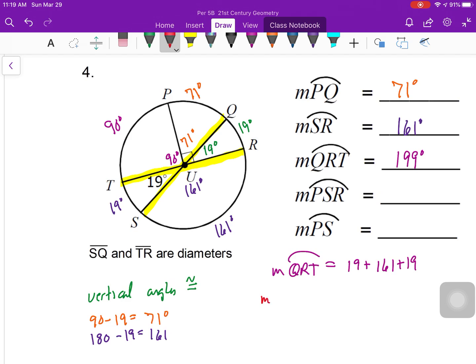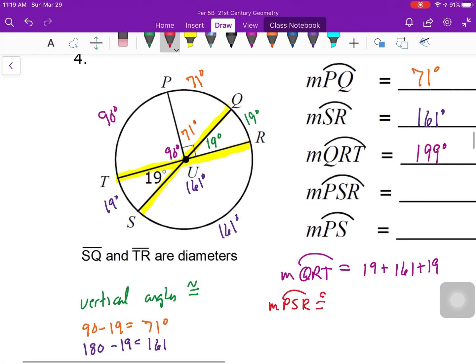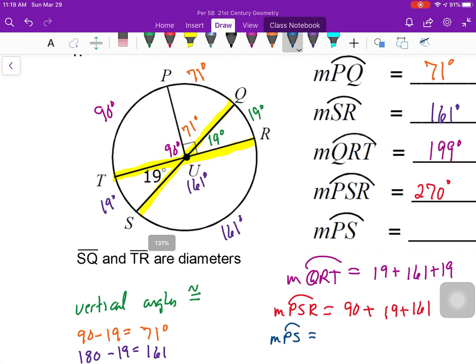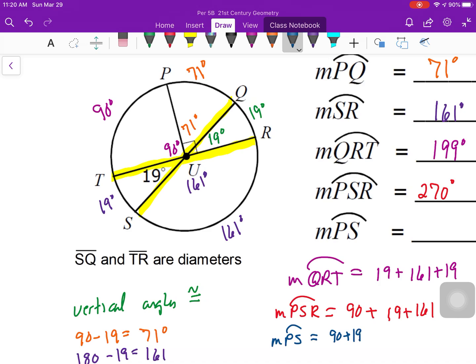PSR, P through S to R. PSR would be 90 plus 19 plus S to R, 161. 90 plus 19 plus 161. 270. And P to S would just be 90 plus 19.